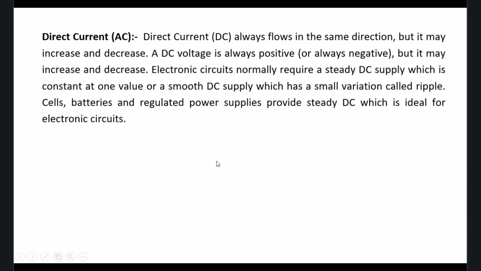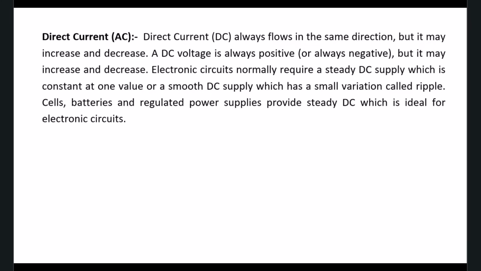Now we'll talk about the second type of the signal which is available, and that second type of the signal is a direct signal. A direct signal or a direct current always flows in the same direction. That's why it is called direct current. But it may increase and decrease.